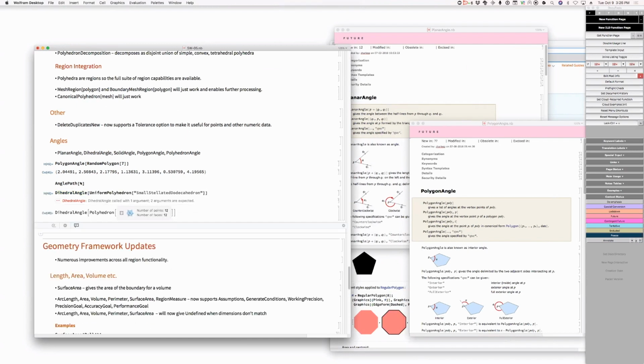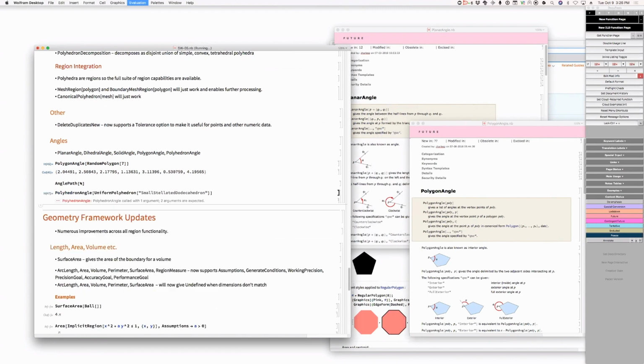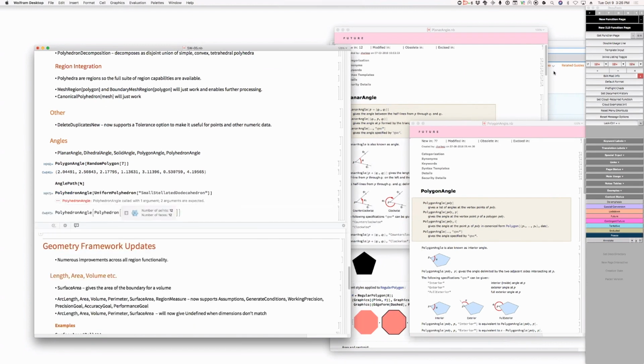No, dihedral angle is kind of like planar angle. It's not defined for an object. Okay, so if I say polyhedron angle. So you need to give the point, which gives you the solid angle, or the edge, which gives you the angle. But wait a minute, polygon angle seems to be perfectly happy to take all points as one argument form.